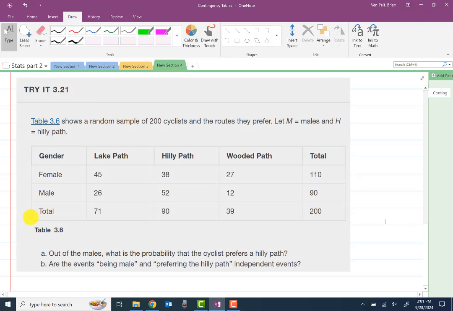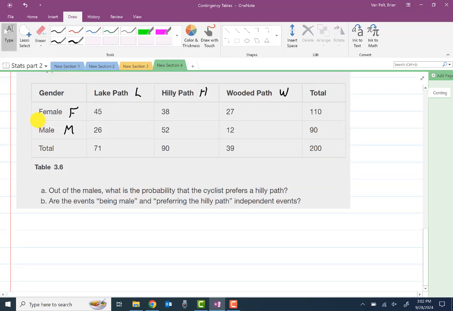All right, here's another problem illustrating these tables. I'm going to do just like I did before. I'm going to use letters for each of these things because you don't want to write these every single time. Female, male. So I think I got all the things I need. It says, out of the males, what is the probability that the cyclist prefers a hilly path?